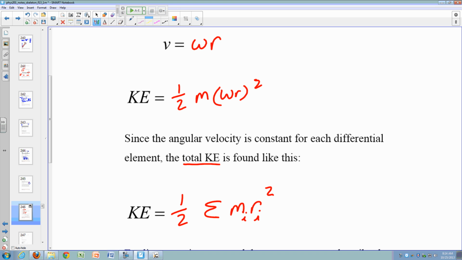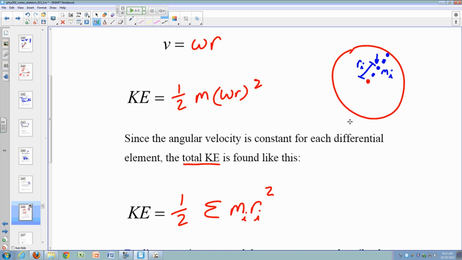If you remember our picture, we had this rotating disk, or whatever the shape is. I have each little differential element. Each of them has a little mass, mi, and each of them has a radius from the axis of rotation, ri. So say, for example, I take this element. It has a radius ri, and it also has a mass mi.